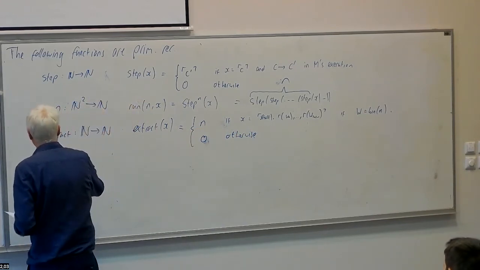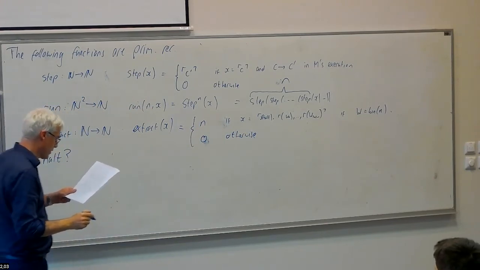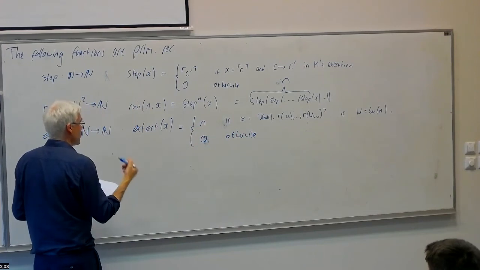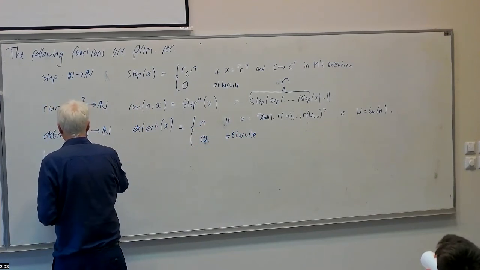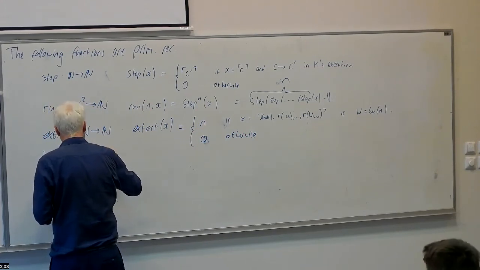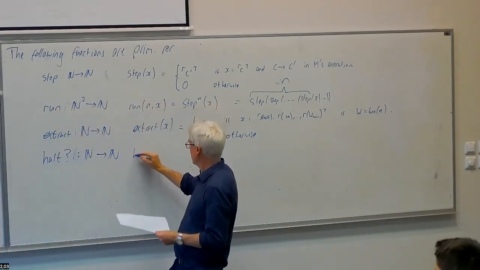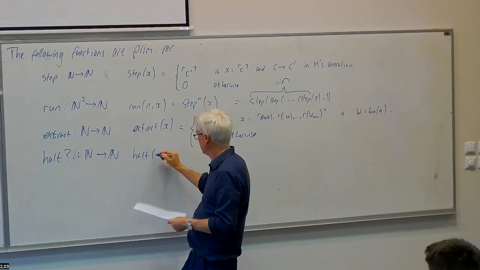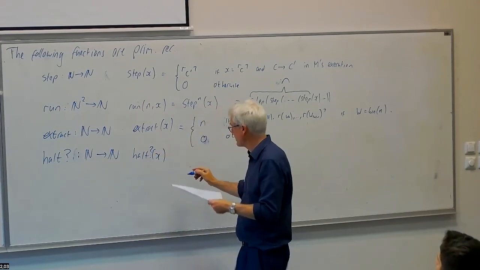And then we're going to have a halt test, which tests if we're in a halting configuration. Well, actually tests if we're in the halt configuration. So this is again a function of natural numbers, halt of x, halt question mark, because we're thinking of it as a Boolean.